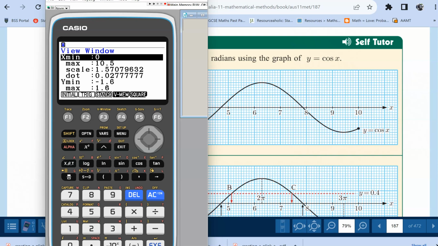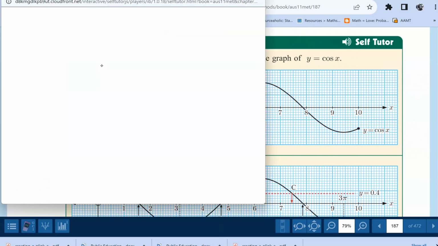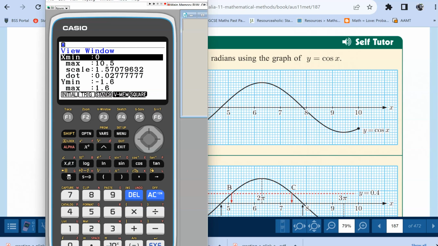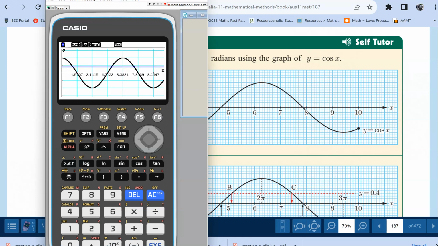Max and min would be 2 and -2, so I'd have to change that. And why did I go between 0 and 10.4? Because I read the question. And it said 0 to 10. If it said 0 to 15, well then I would change it to 0 to 15. Press enter. They draw. I go G-solve and then intersect. Bang. Use my arrow keys.